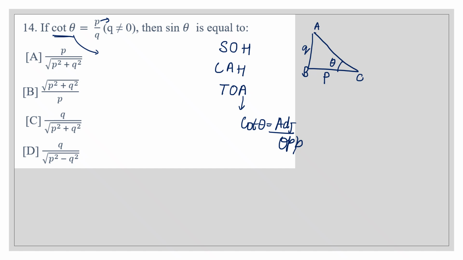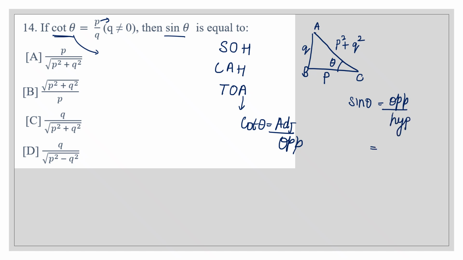What will be your hypotenuse? Hypotenuse is the root of P square plus Q square, using Pythagoras theorem. Now you need to find sine theta. Sine theta is opposite upon hypotenuse.